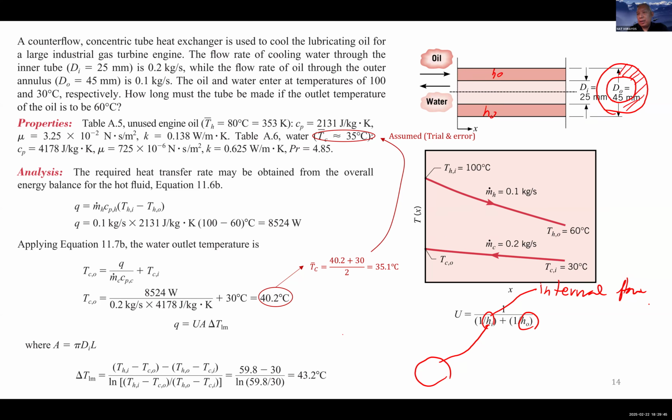Sometimes you have to seek the geometry, the external flow, the internal flow, inside some specific geometry, and you have to browse it up. You have to look for it. So what I did, I tried to find the HI first because the flow inside the inner pipe is turbulent flow, and you choose the relationship to find the Nusselt number for the flow inside the tube.